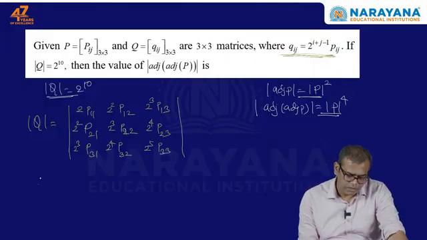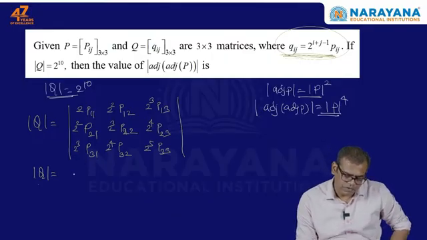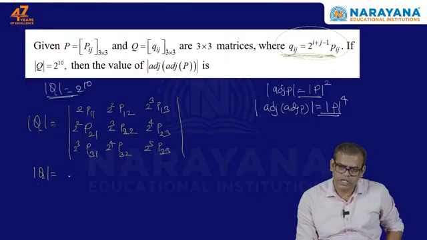So apply the property of determinant here. Here, determinant of Q, we are writing from this. So 2 will come common from the first row, 2 square common from the second row, and 2 cube will come common from the third row.